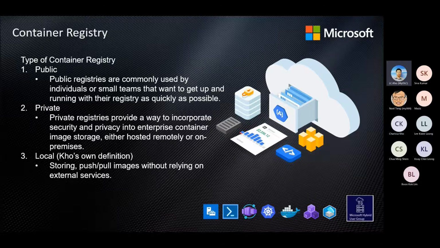So I can run this so-called local container registry completely offline, and allow my Docker service, the Docker manager, or even the Kubernetes service to talk with it and push or pull down images from it. So this is the local container registry that I have in the lab environment or setup environment.